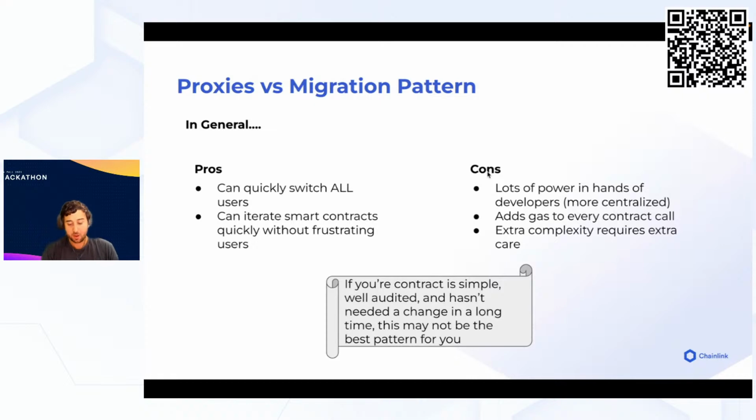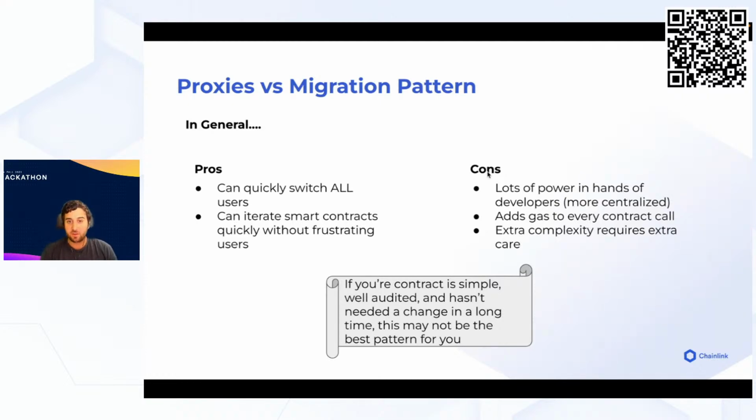Cons. I should say I have written there lots of power in the hands of developers. It's more centralized. It can lead, if implemented improperly, to lots more power in the hands of developers and more centralized. And it all depends on how we implement the proxy again, right? We're going to talk about some patterns here in a bit.